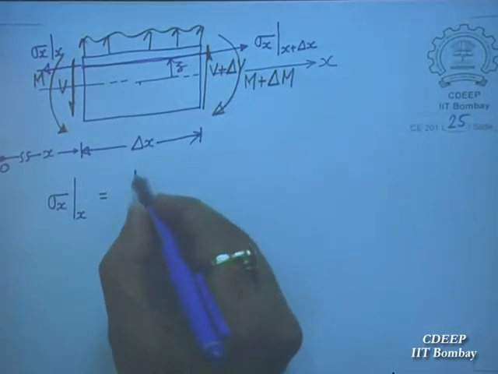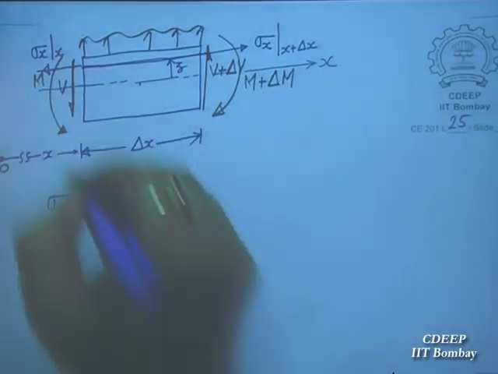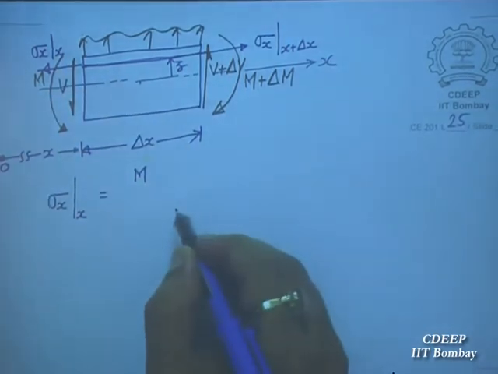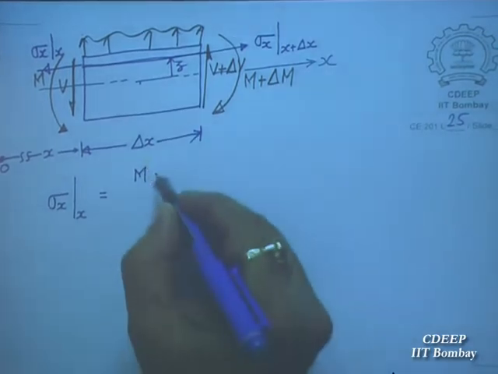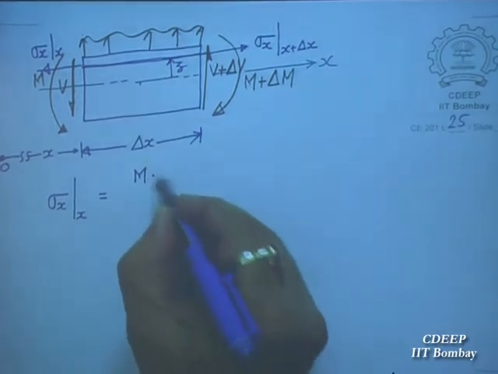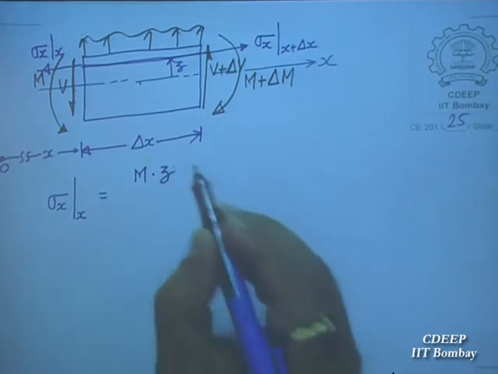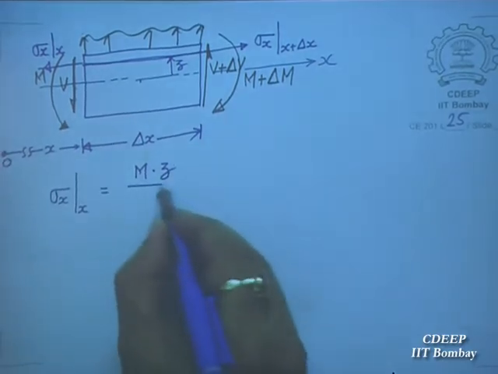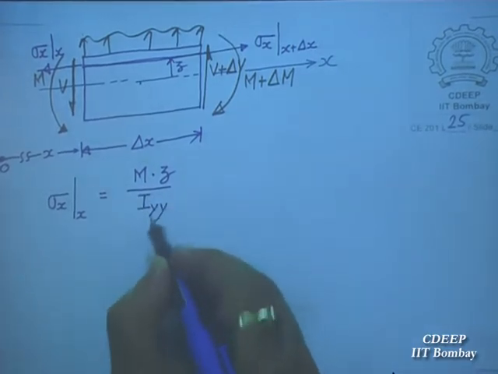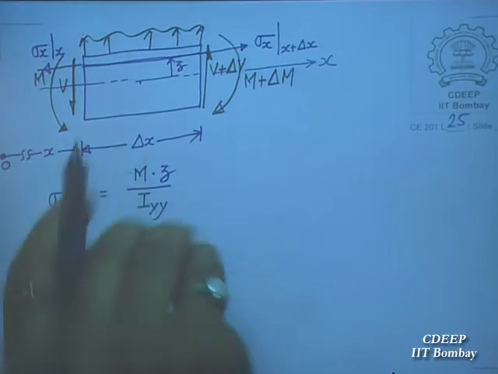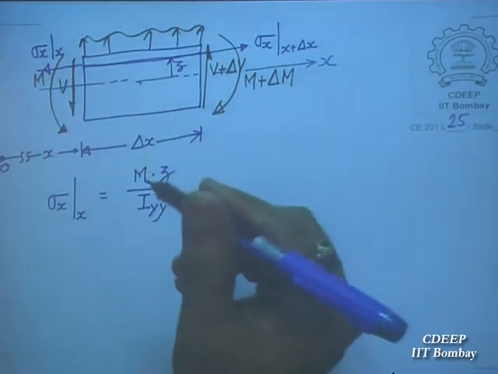Moment is there at the cross section, moment M. So Mz by I. So moment into z by moment of inertia. This I is about yy. You know, we are not writing, but this moment also is about y-axis.